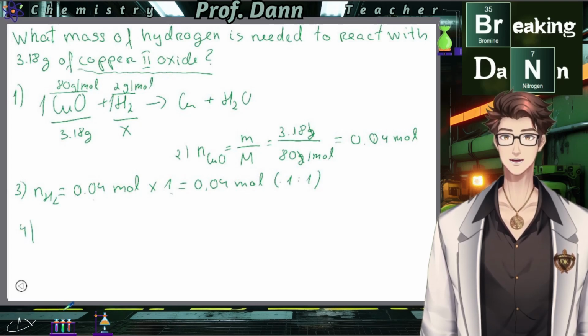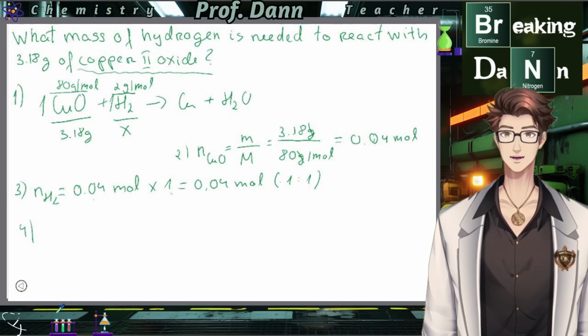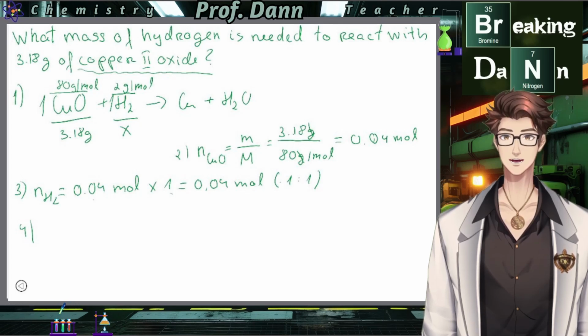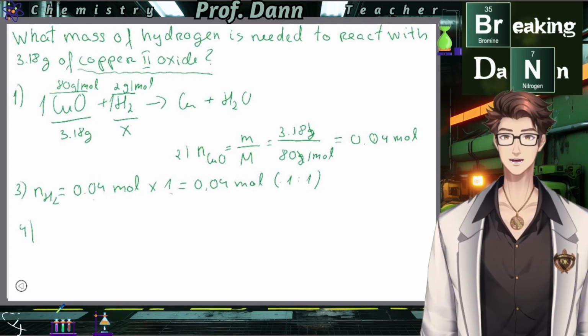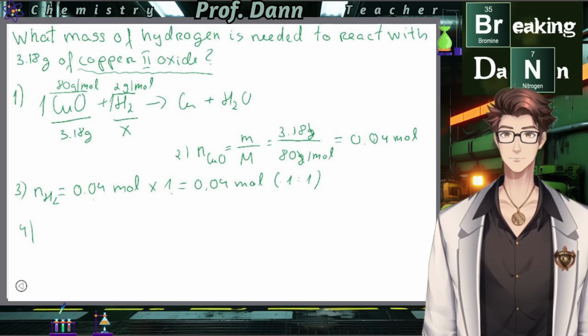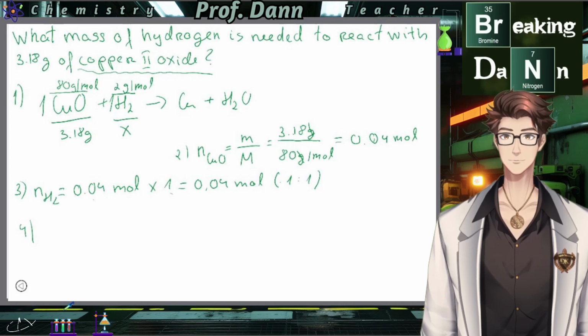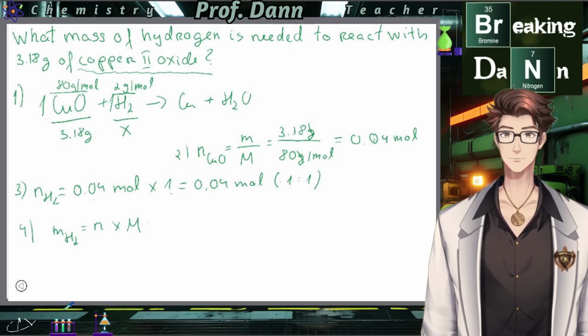So we have all the information about hydrogen, and we can use an equation to calculate the mass of hydrogen. The mass of hydrogen is the amount of moles multiplied by the molar mass.